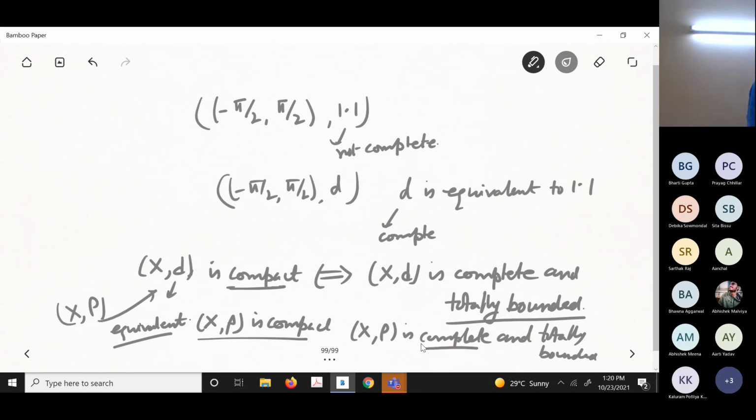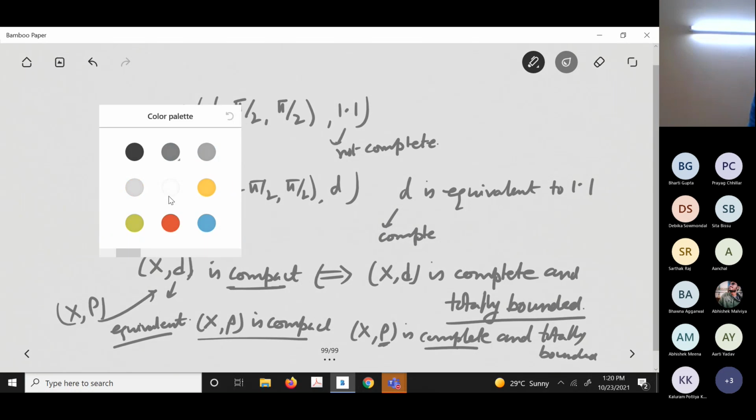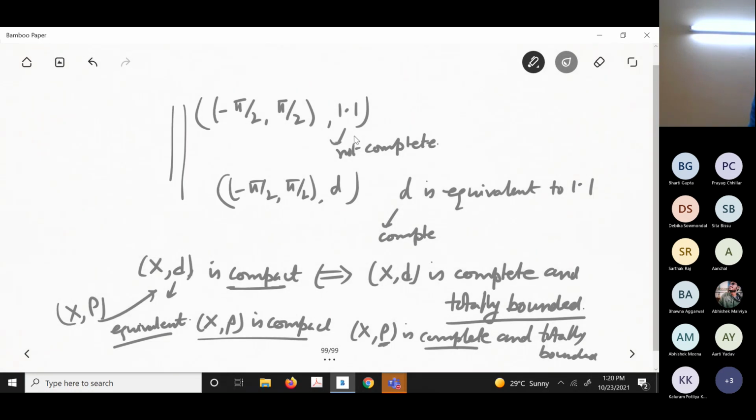Look, completeness and total boundedness depend on the metric. That means if you have a compact metric space, it doesn't matter which equivalent metric you take, that will also have to be complete and totally bounded. That means if it is not compact, then this kind of anomaly happens. Look, here what I am getting: this is complete, the other is an equivalent metric that is not complete. Why is this anomaly happening? Because this is not compact.